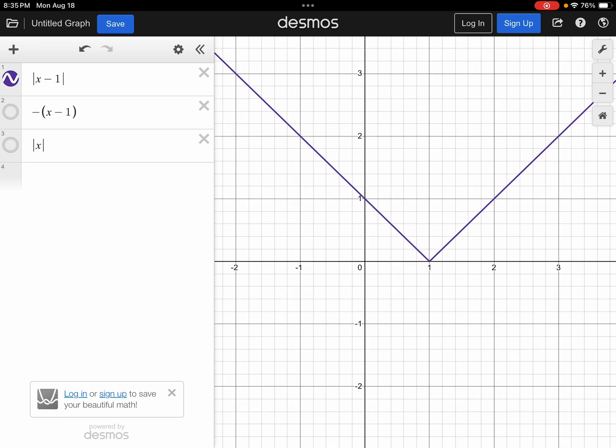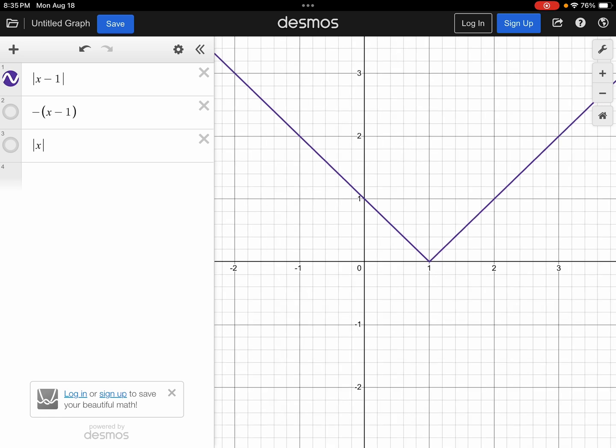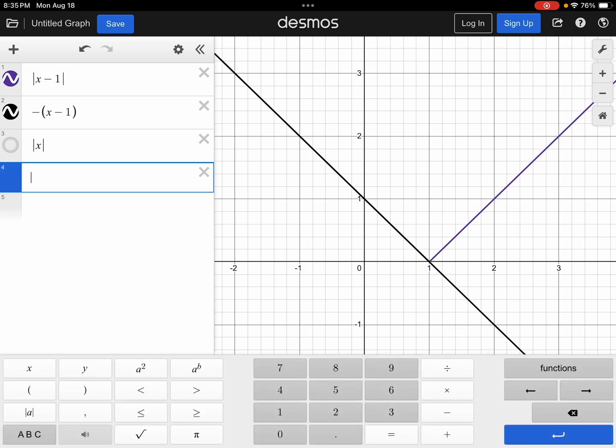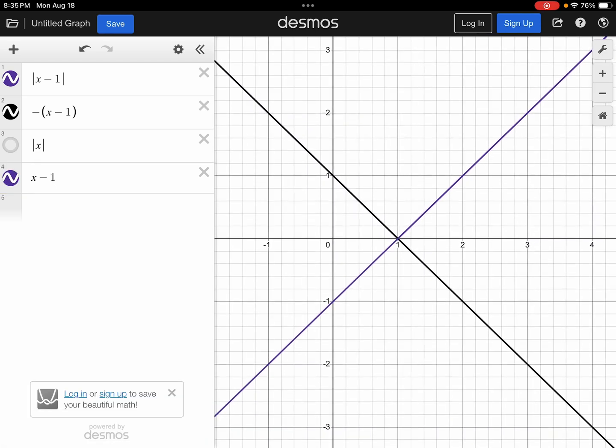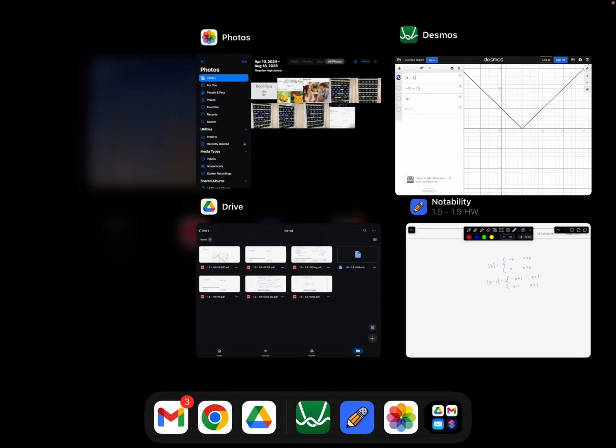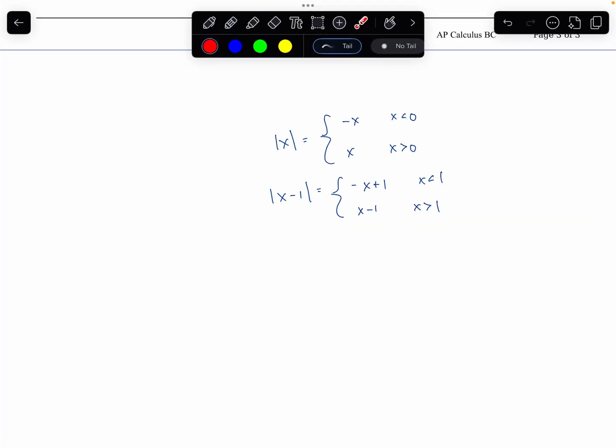You can think about it as negative x minus 1 with the parentheses, because that's the same thing as negative x plus 1. And you can think about it as just x minus 1. So you can combine those two functions into the absolute value of x minus 1. I've written them like so.